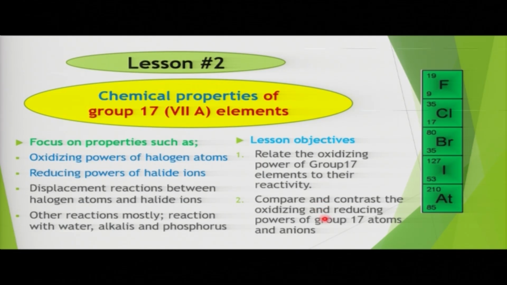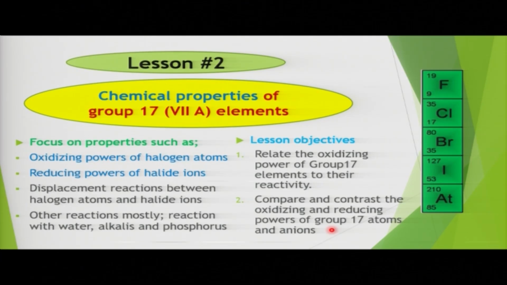Two, compare and contrast the oxidizing and reducing powers of these group 7 atoms and anions. In simple terms, compare and contrast the oxidizing power of halogen atoms and the reducing powers of halides. That is where the displacement reaction comes in, but that will be for another lesson.